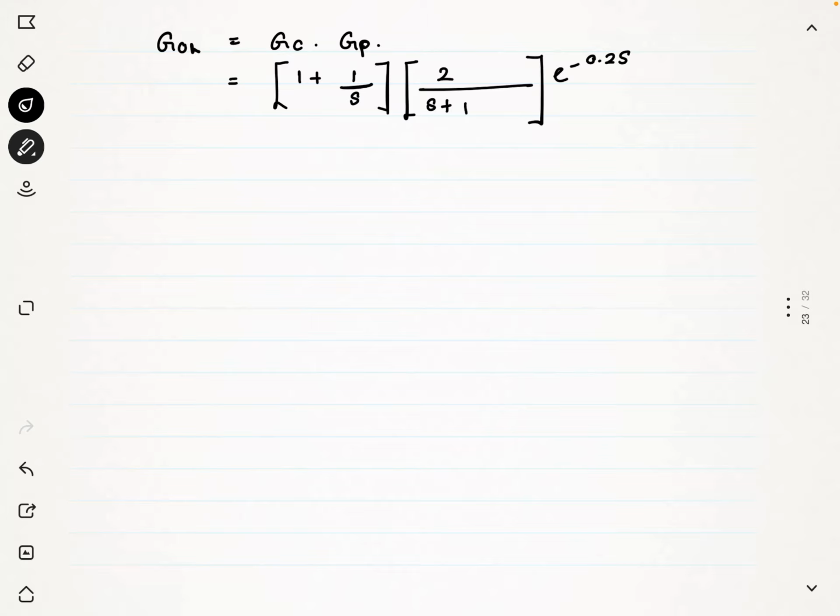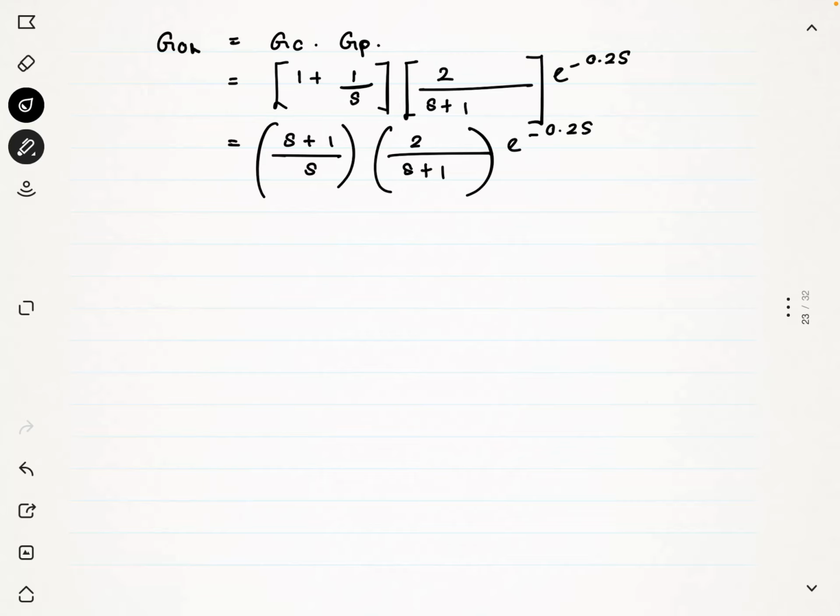So now let's compute the amplitude ratio. Let me do the simplification here. We know that we substitute S is equal to i omega to do the frequency response analysis.